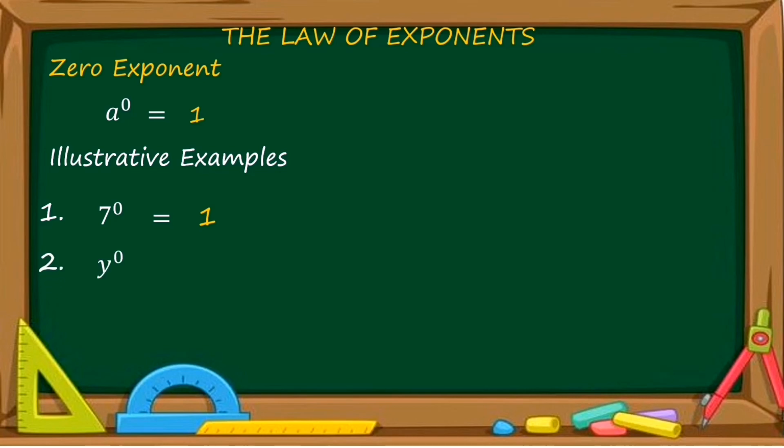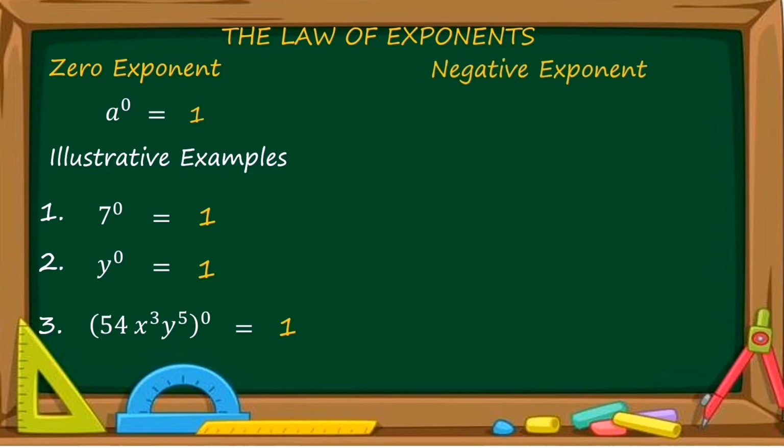Next, y raised to 0 is equal to 1. The quantity 54x cubed y raised to 5, raised to 0, is also equal to 1. As you can see, the whole expression is raised to 0. Therefore, the value is still 1.